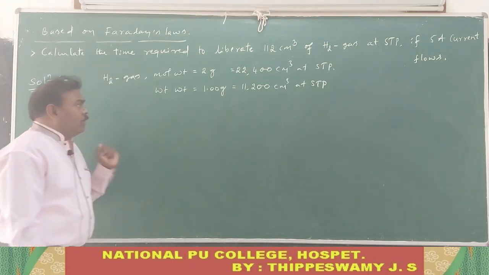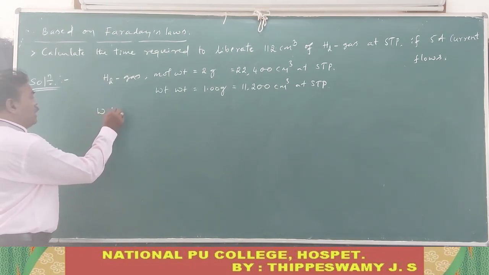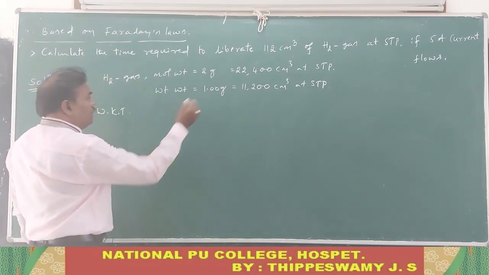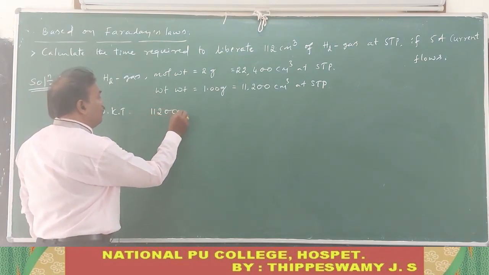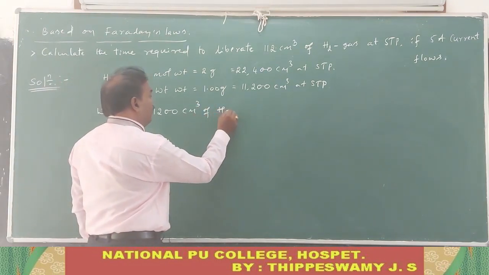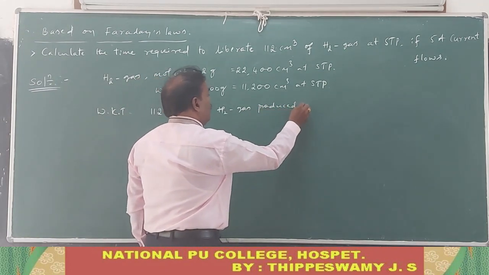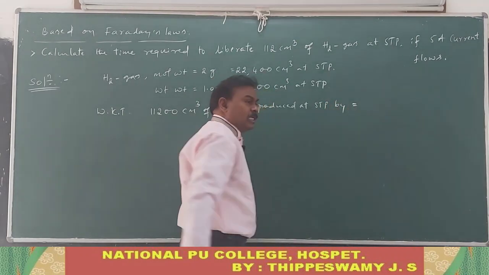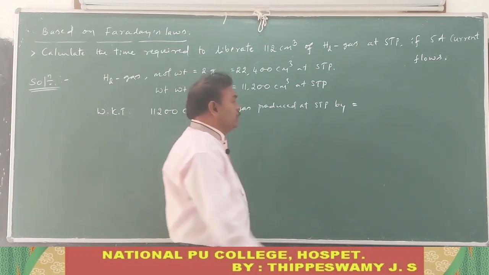Now we know that 11,200 cm cube of hydrogen gas is produced at STP by 96,500 coulombs of electricity.